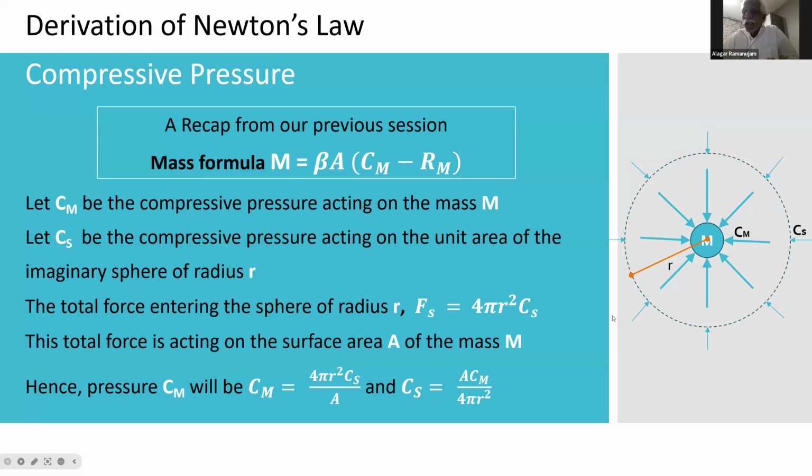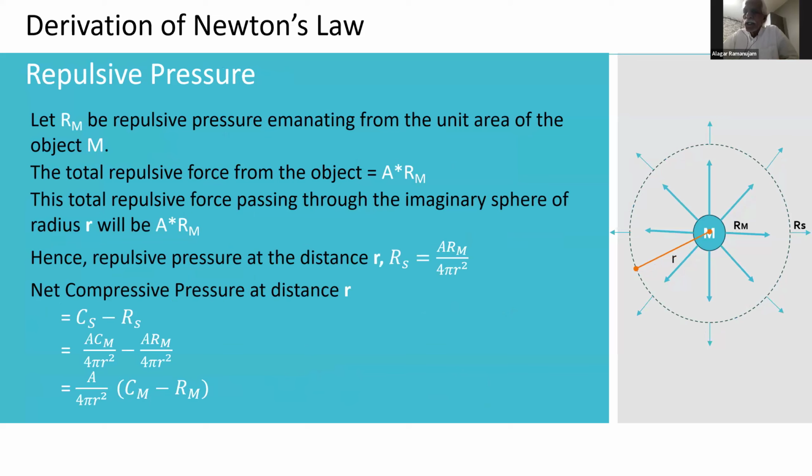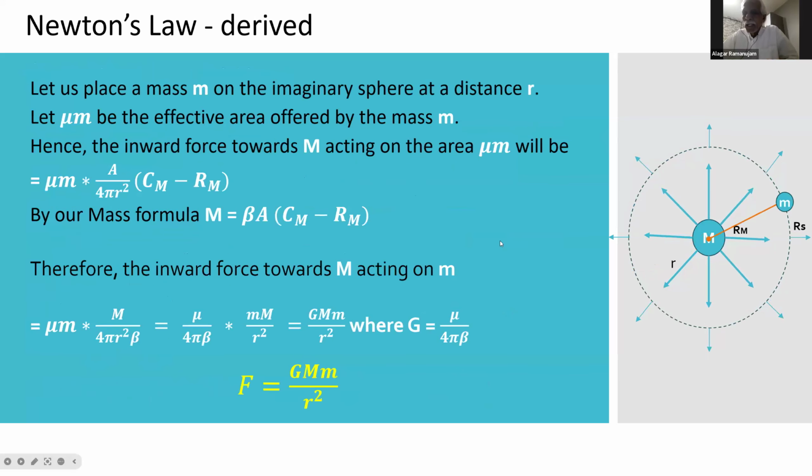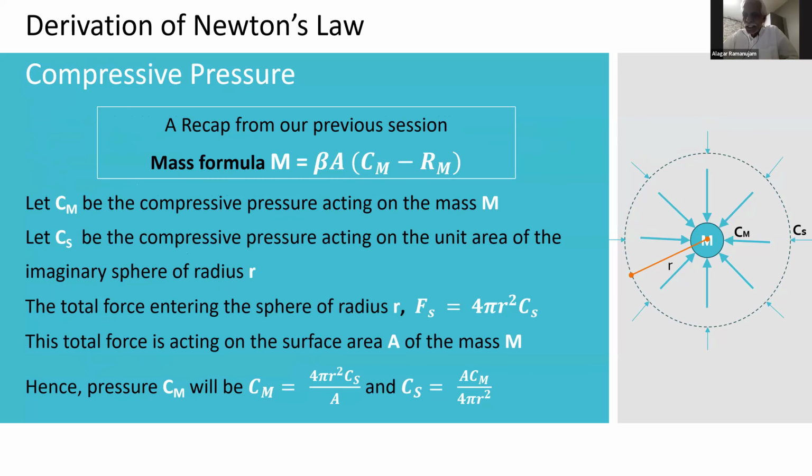And 30 years after Newton came a scientist by name Lee Sage. Lee Sage modified the Newton's concepts which he gave to derive the formula. And Lee Sage also tried to derive the formula, but he could not. So the challenge was there in physics to derive Newton's law from first principles.